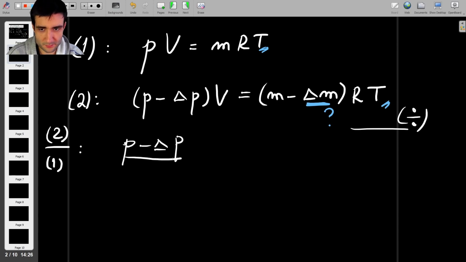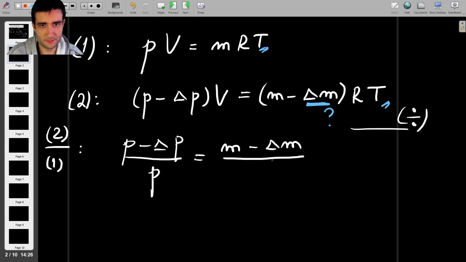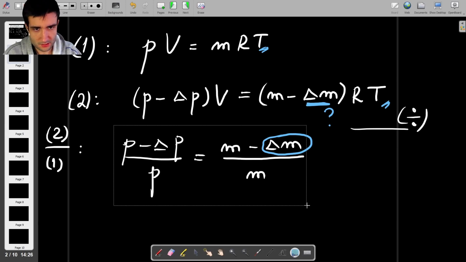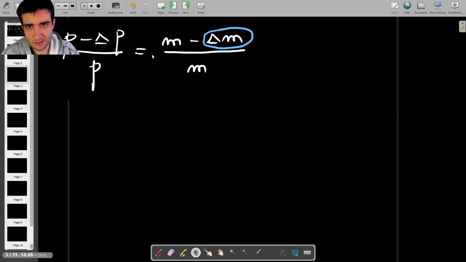We have P minus delta P over P equal to m minus delta m over m. And what we're trying to do is isolate delta m by itself and make it the subject of our equation.